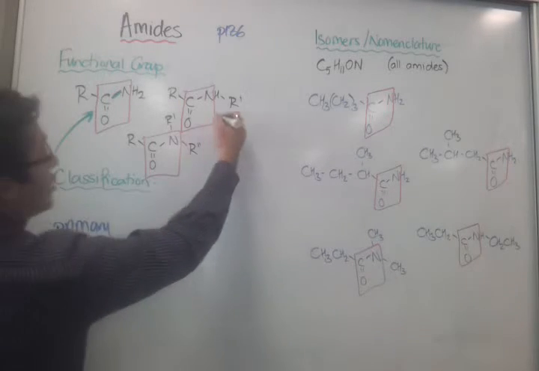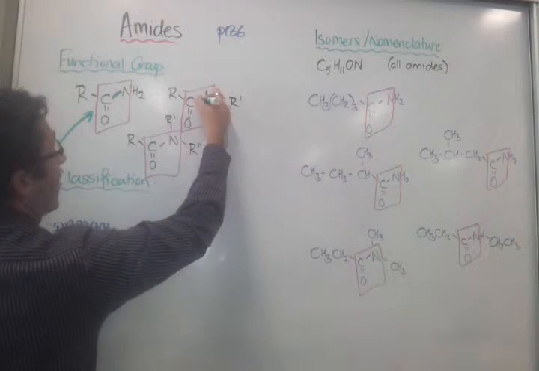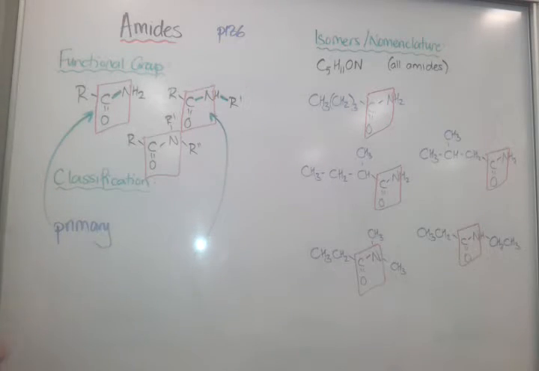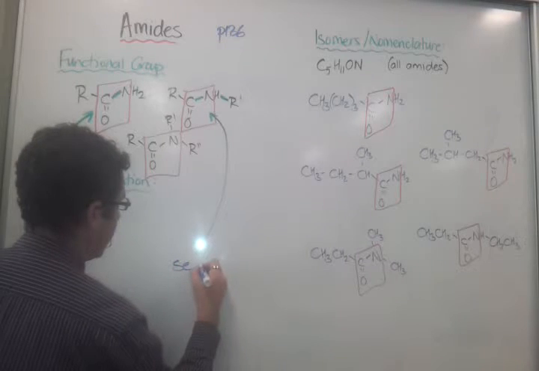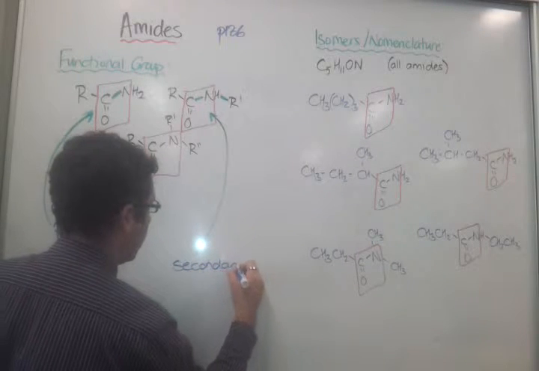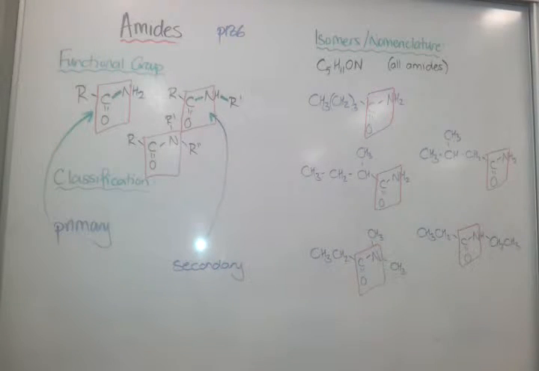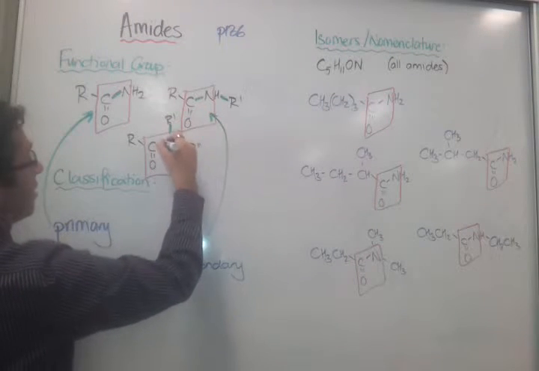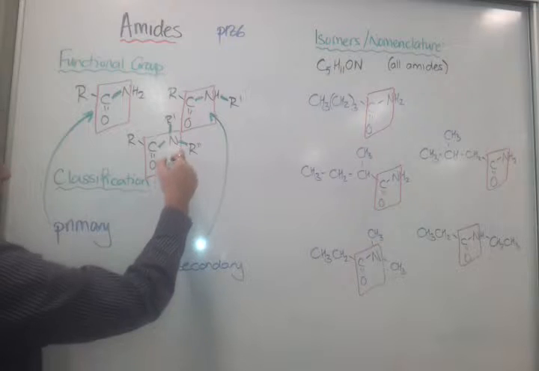This one here would be secondary because we've got a carbon chain there and a carbon chain there. And so therefore you'd expect the last one to be tertiary because it's got 3 carbon chains bound to nitrogen. That is correct.